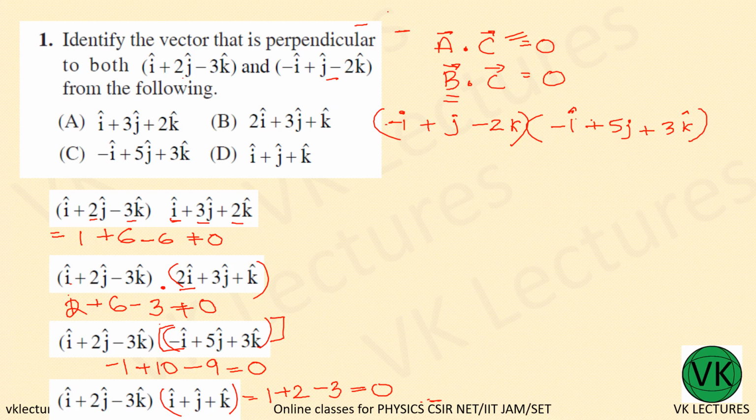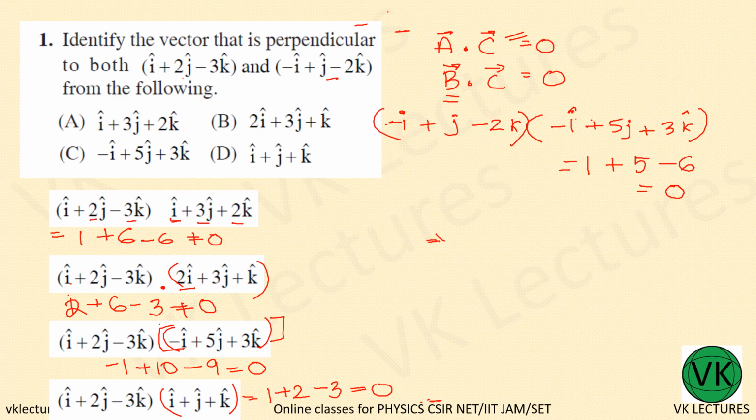Now just put the dot product. What you will get is minus i times i, that is 1, plus j times 5, that is 5, 2 times minus 3, that is minus 6. So this is 5 plus 1 minus 6, that's equal to 0.